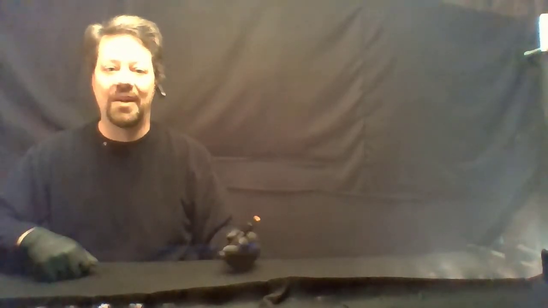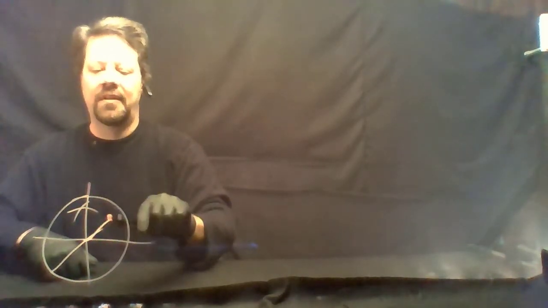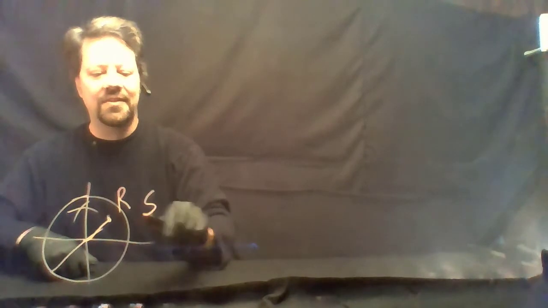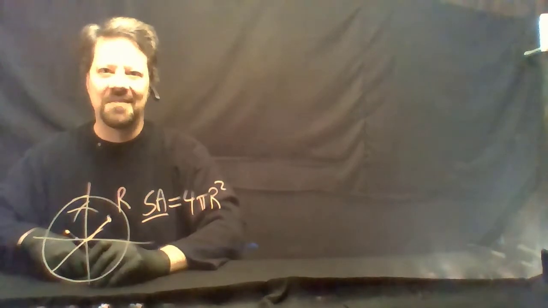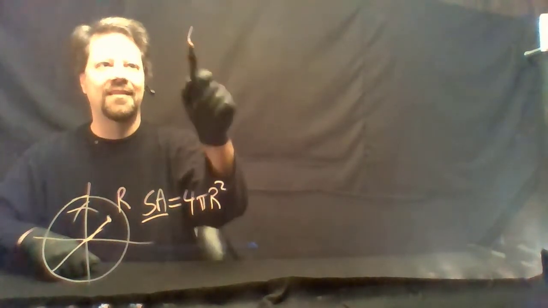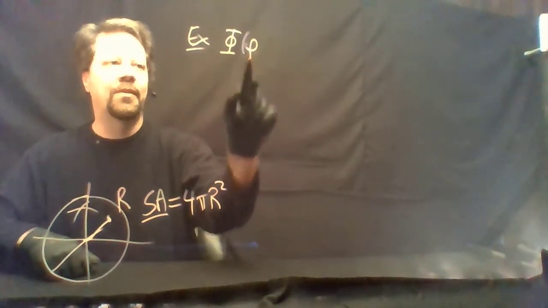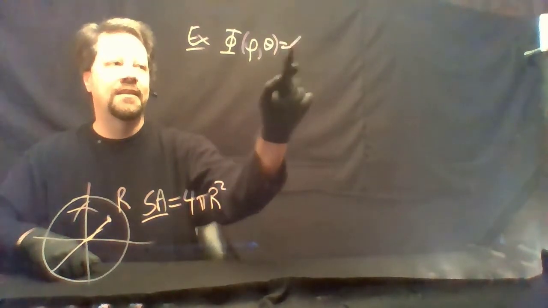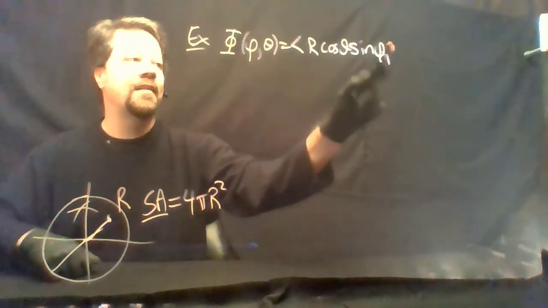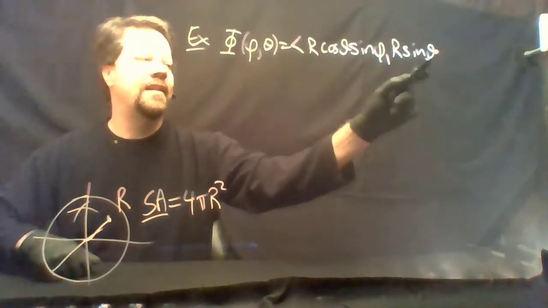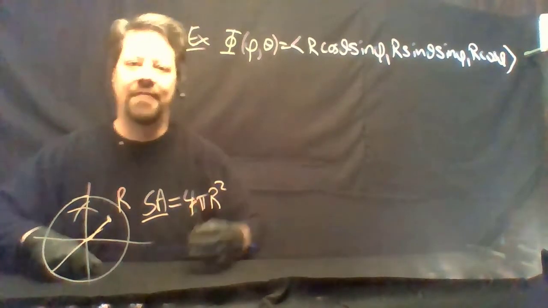This works for all parametrized surfaces. Let's do an example where you know the answer. If you have a sphere of radius r, the surface area is 4 pi r squared. A parametrization will be capital Phi of lowercase phi, theta equals r cosine theta sine phi, r sine theta sine phi, r cosine phi.